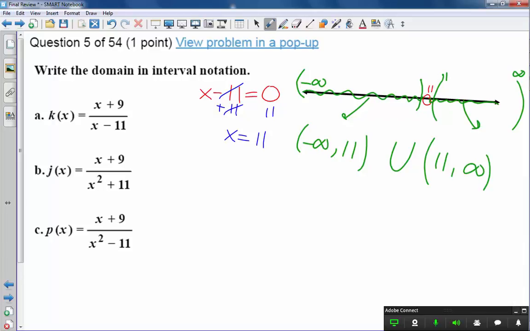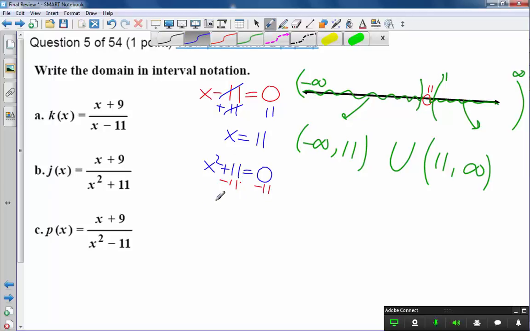Okay, part B. What do you think? Isn't it like square roots? Square roots? Yeah, you're on the right track. So we set this into 0, right? And now we are adding this time again. Same deal, but opposite sign. And we have x squared equals negative 11.